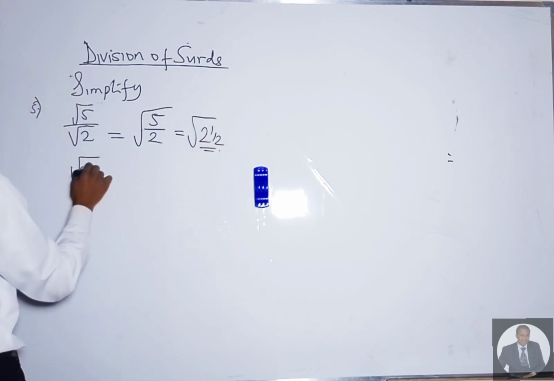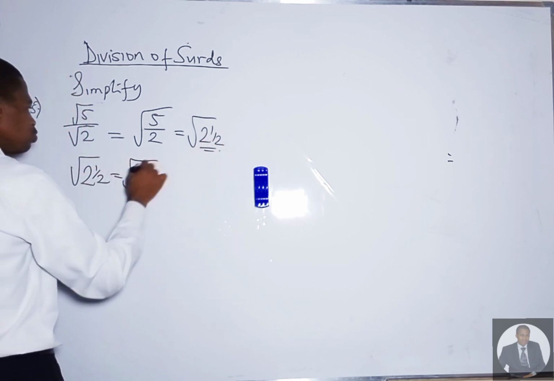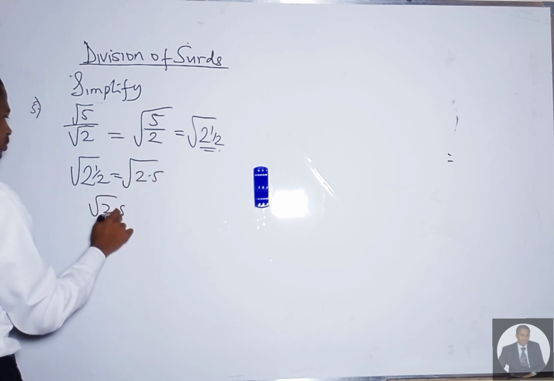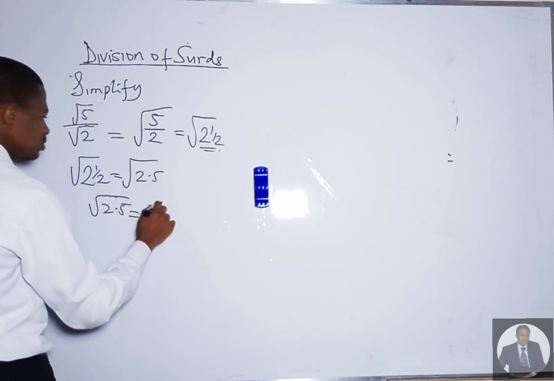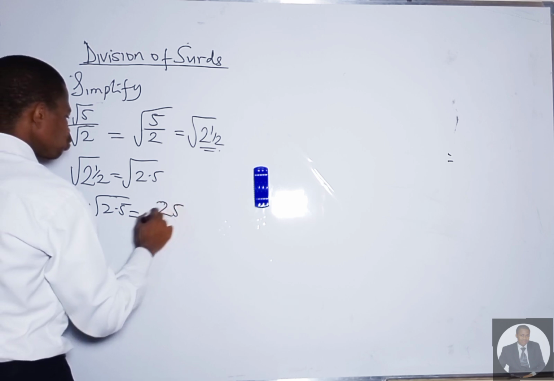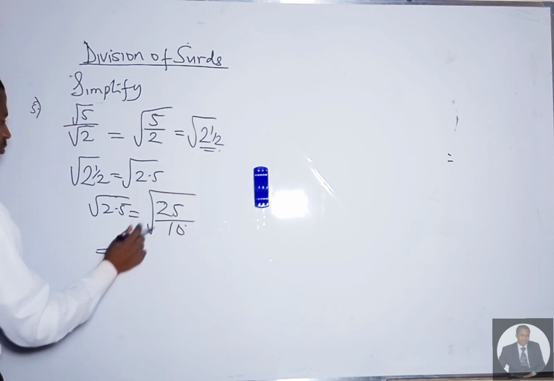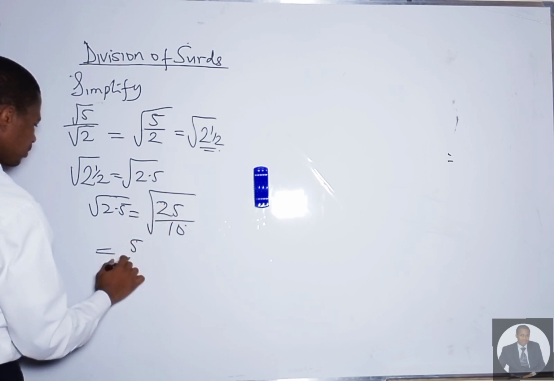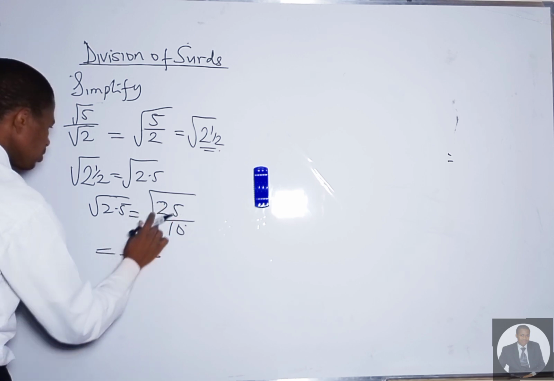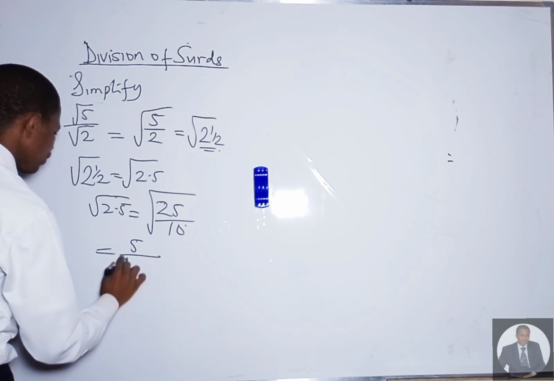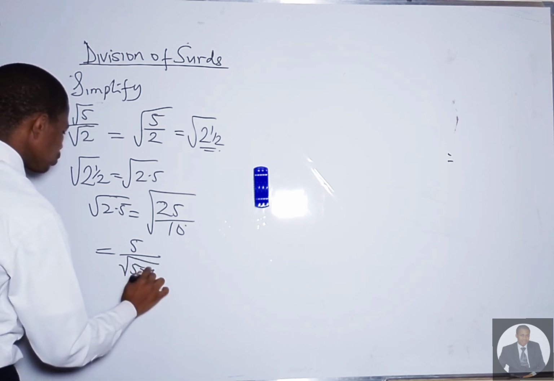Root 2 and a half is the same thing as root 2.5. Now root 2.5 is the same as root 25 over 10, and the square root of 25 is 5, and that will give us 5 over the root of 5 times 2.